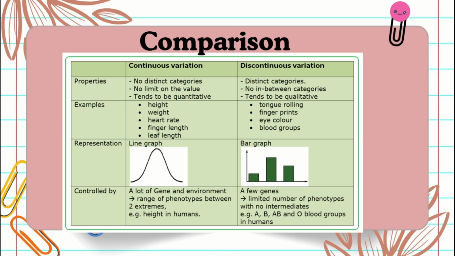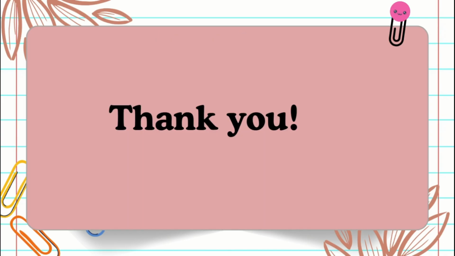Versus with continuous variation, you don't have to fall completely into a category. For example, weight can be 150, 150.5, or 150.6, you can be in between. And then the graphs are represented very differently, with continuous variation showing a bell curve, while discontinuous variation shows clear, distinct categories.